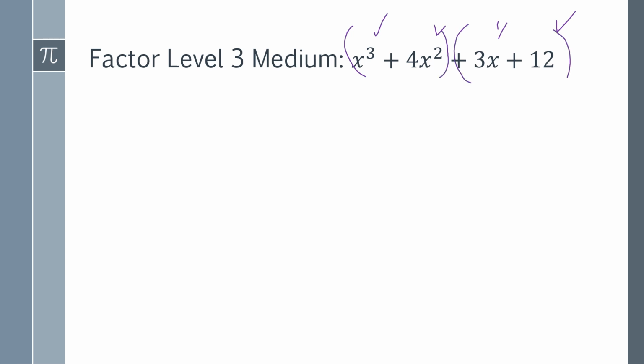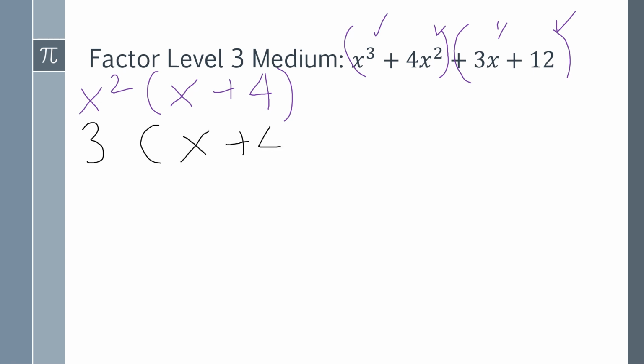The greatest common factor of the first group is going to be just x squared. And what's going to be left inside of that is going to be x plus 4. Okay? That's group 1. Group 2, the greatest common factor of that is going to be 3. And it's going to be x plus 4 on the inside. Because again, going from the first group, I know that x squared times x gives me x cubed.